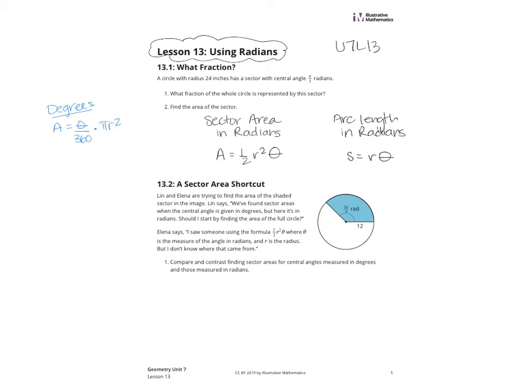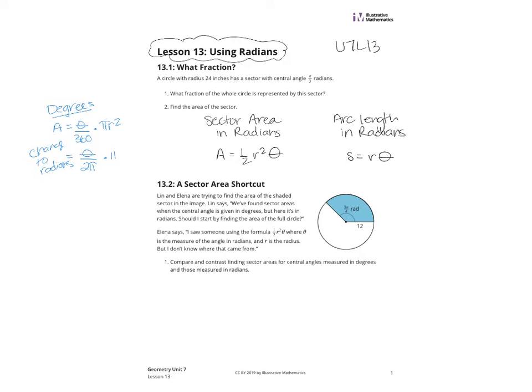So now let's change my units to radians. My theta is no longer going to be divided by 360. The entire circle is no longer 360 degrees. If I change to radians, it's now 2 pi radians.